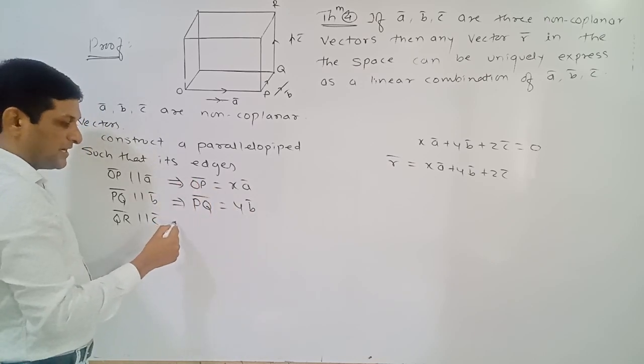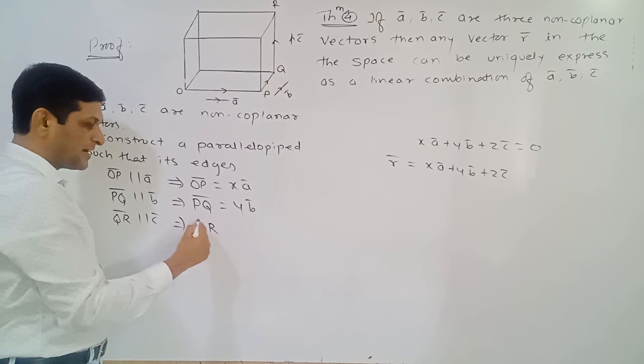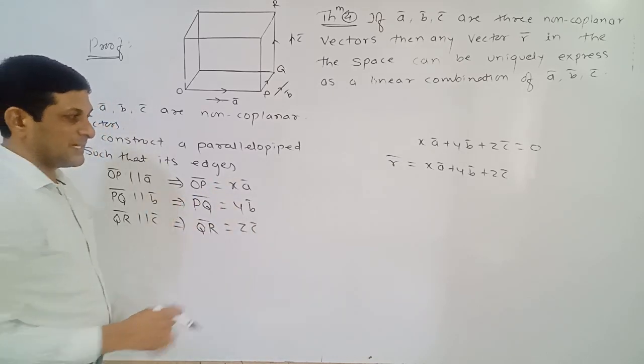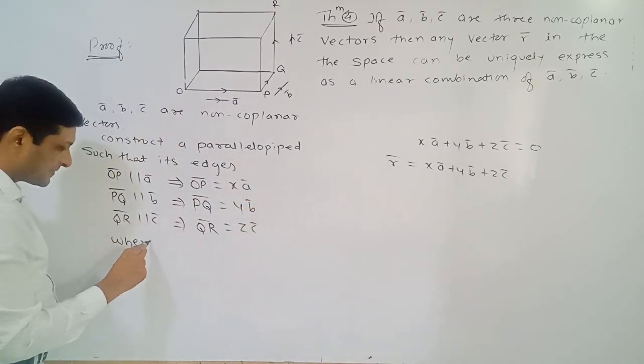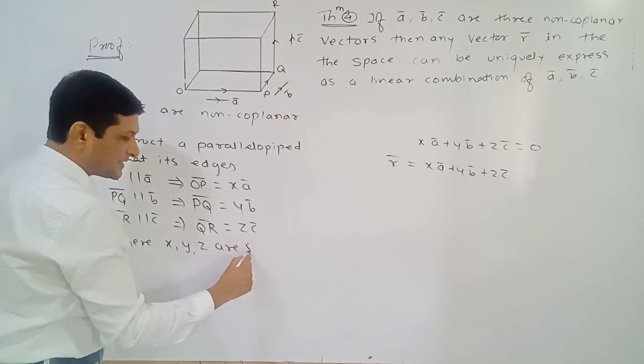Here the scalar we are denoting by y. Again these two vectors are parallel, so QR bar is expressed as a scalar multiple of C bar, QR bar equals z C bar, where x, y, z are scalars.